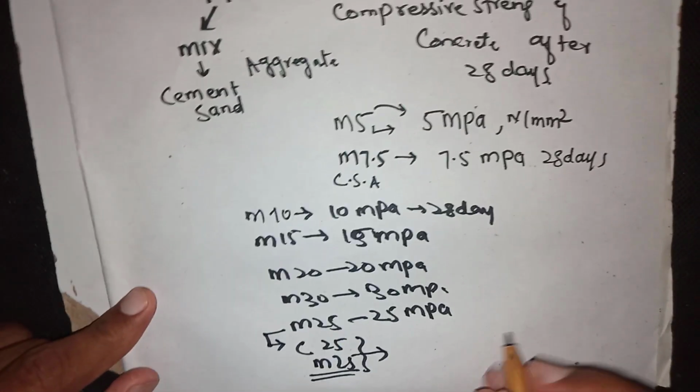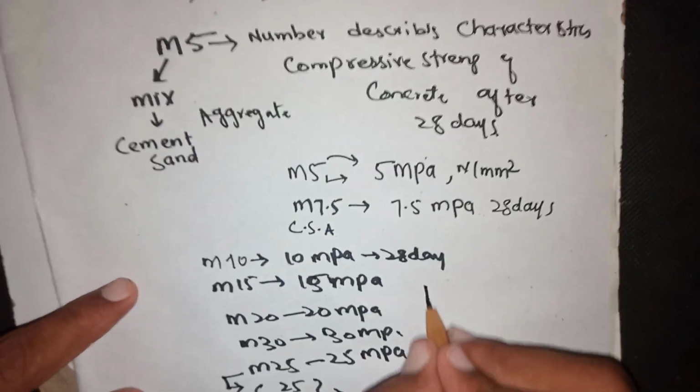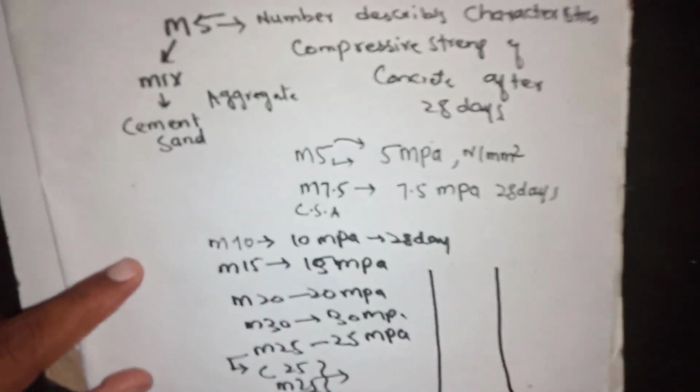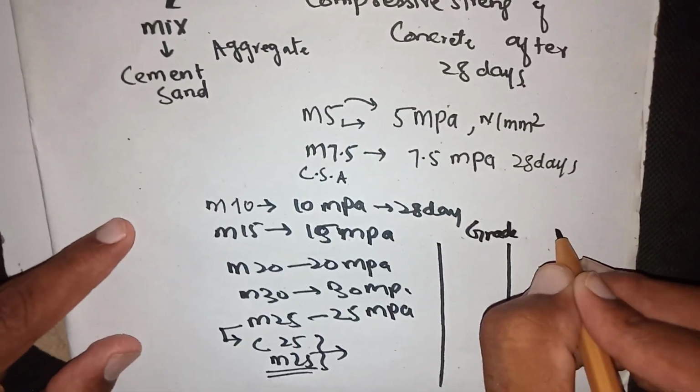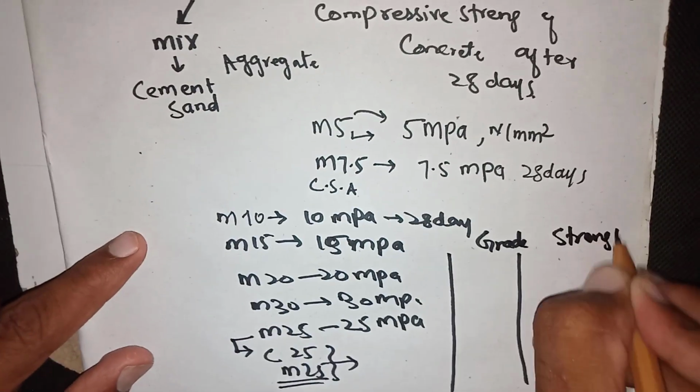So I will write these in a table. Here I write grade and here strength after 28 days.